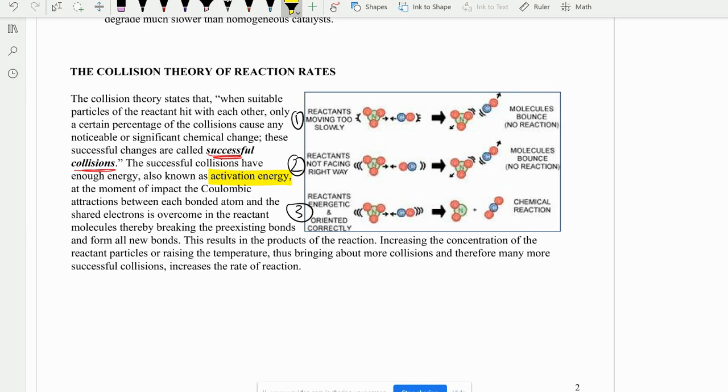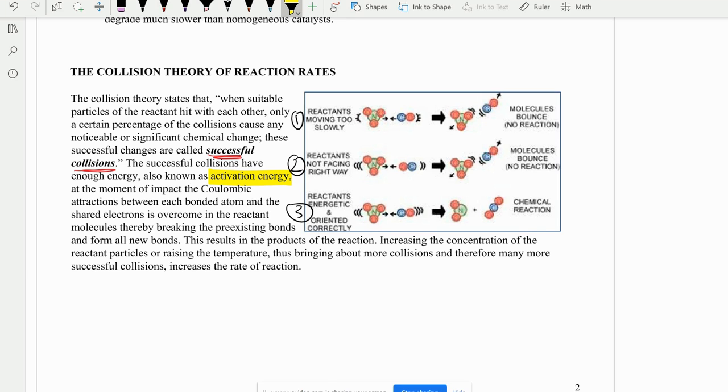So they're going to collide with enough activation energy that at the moment of impact between those two reactants, the Coulombic attractions between the bonded atoms and the shared electrons are overcome. Therefore, the pre-existing bonds that hold them together are going to break and new bonds are going to form. This is going to result in products.